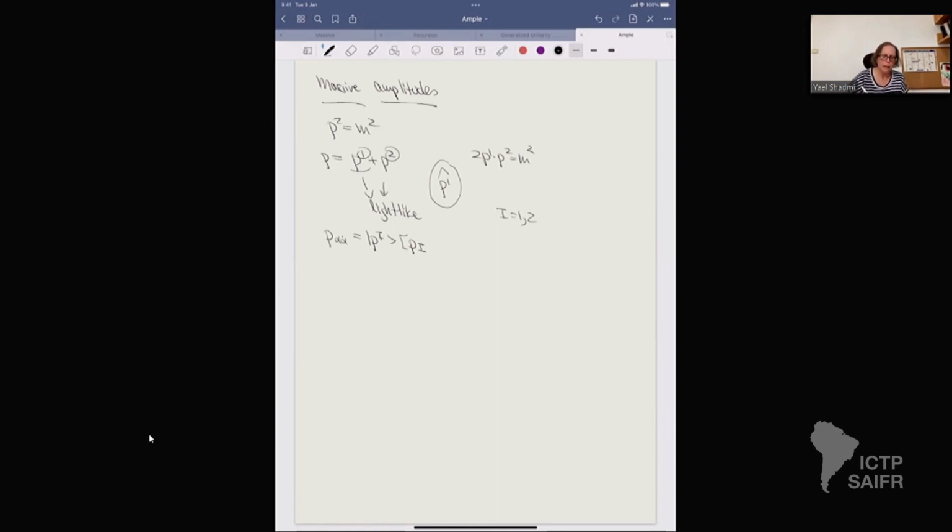Okay, and the relations that these satisfy are that P times lambda-tilde_I equals M times lambda_I, and similarly, P-bar times lambda_I equals M times lambda-tilde_I.